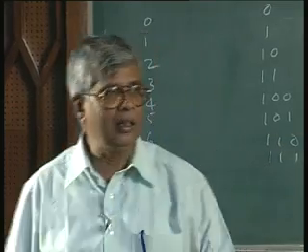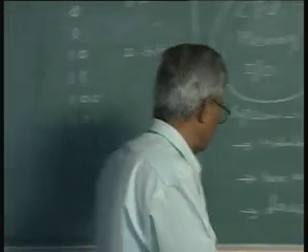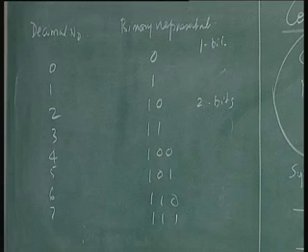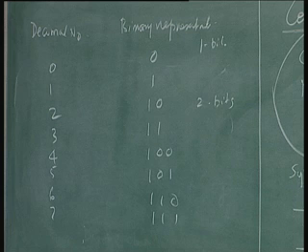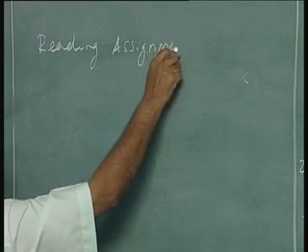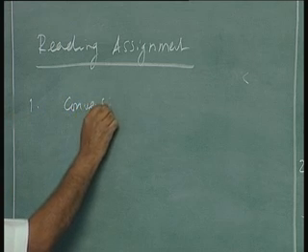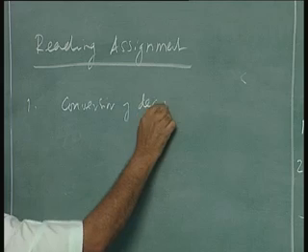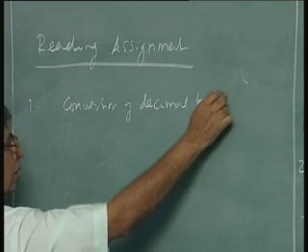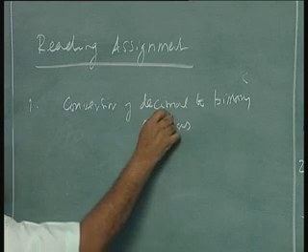So I will leave it as a reading assignment to you to do the following things. Conversion of decimal numbers to binary representation, that is the right way of saying it.